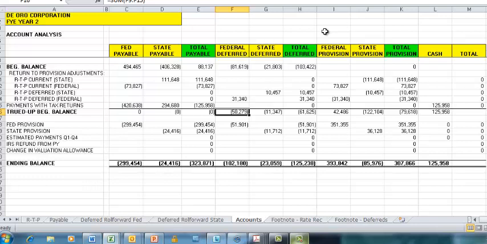This will not be how you actually book your journal entries, because by the time you finish year 1 and you do your return, months have passed and you'll have booked other entries. But imagine that this schedule is like your own hypothetical world where you could first take your ending balances from last year and fix them, and then pause for a second, and then go on to next year and do next year's provision.